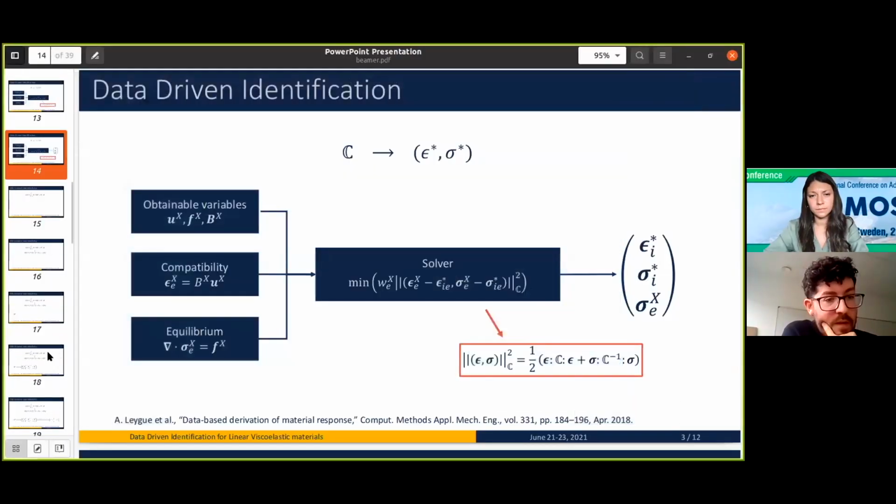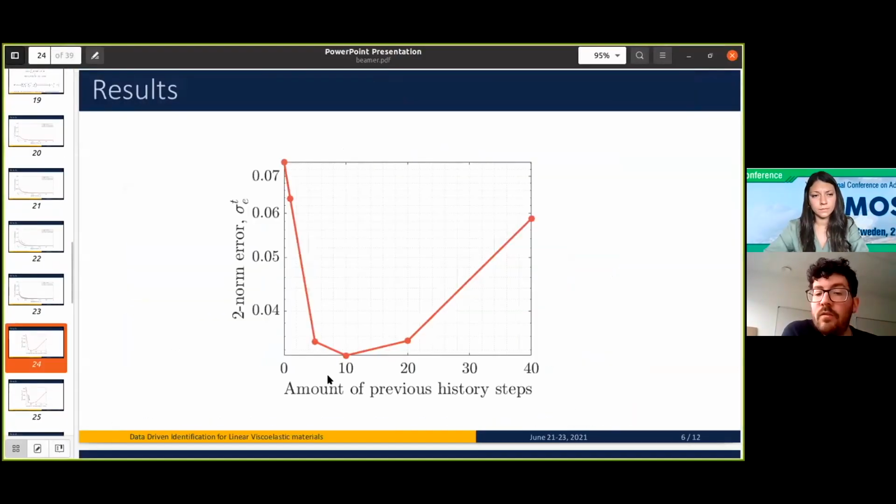Okay, the results, of course, are not universal. They depend a lot on the case. In here, for example, I showed that the optimum amount of previous history steps is 10, but this is only because in this case we have a particular value for the relaxation time.